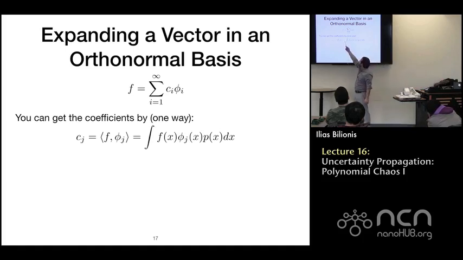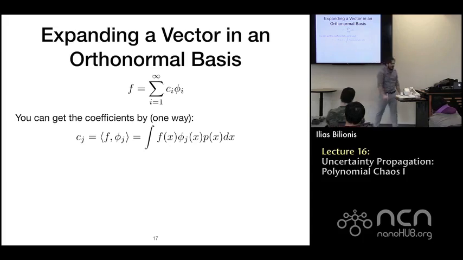So the coefficient of the basis function phi j is the projection of the function on phi j. Just like the coefficient of a vector in a specific direction comes by the dot product of the vector with a unit vector that points in that direction. It's the same thing. Okay?